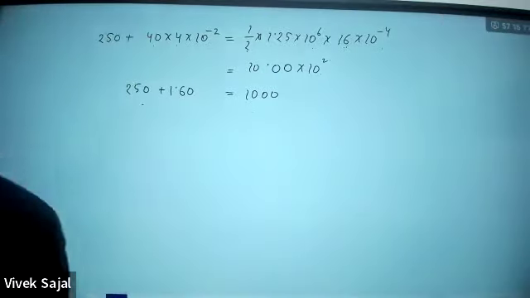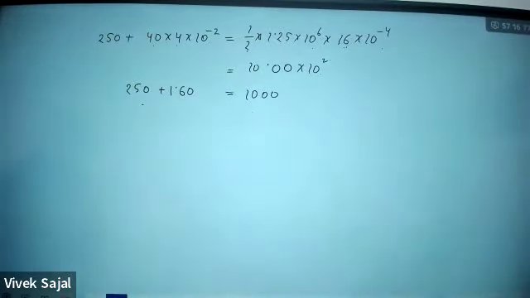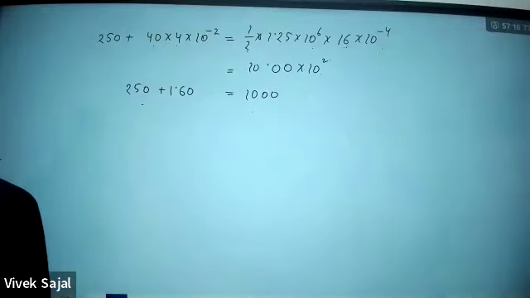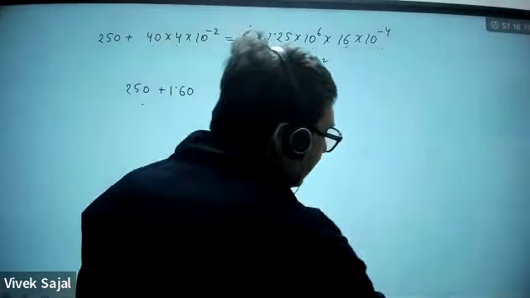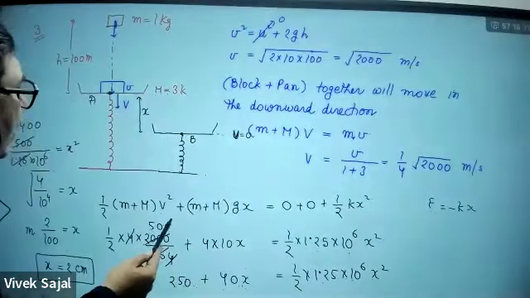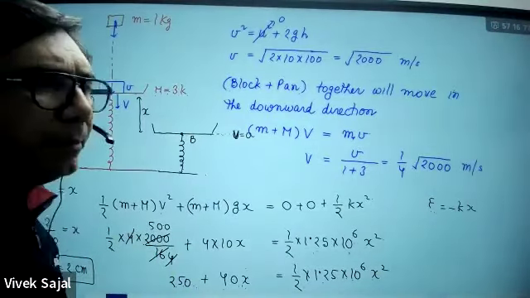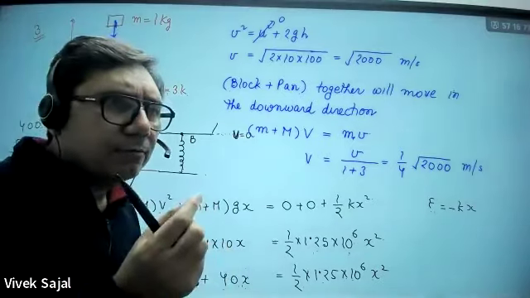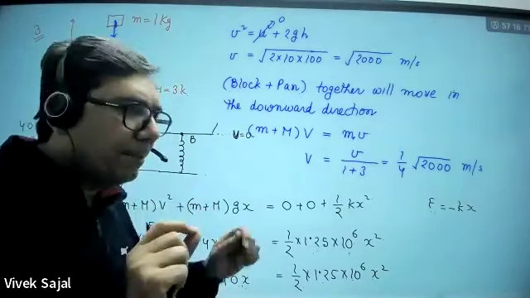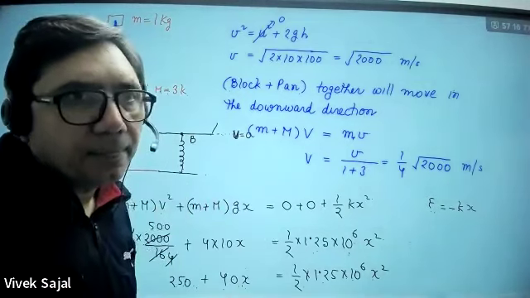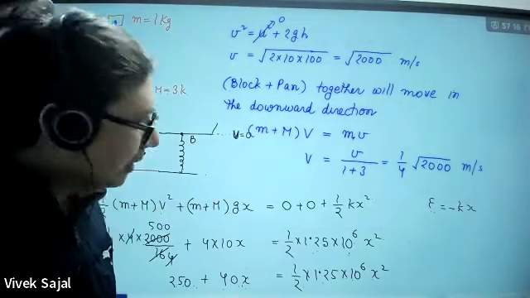But at that time, this question was not matching with any of the answers. So that was a wrong question. But this is the way to solve this question. You are going to find this question in many books, but you will find they have solved it in terms of M and M in algebraic way.